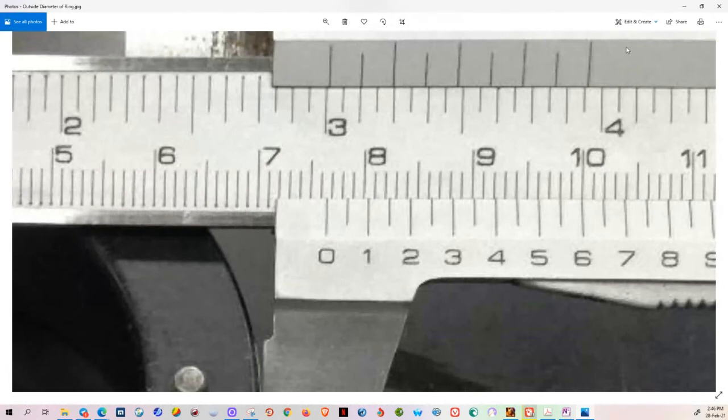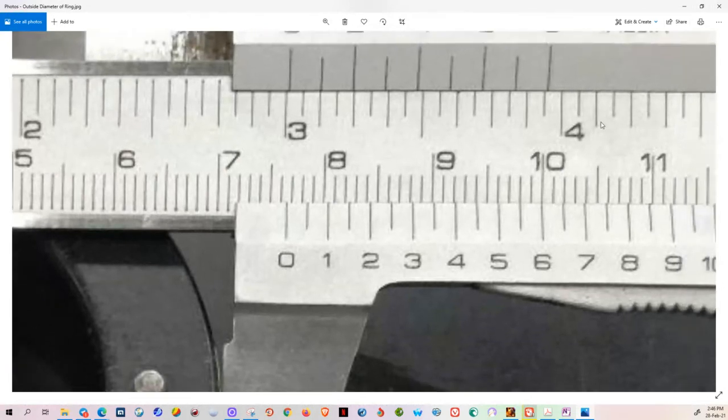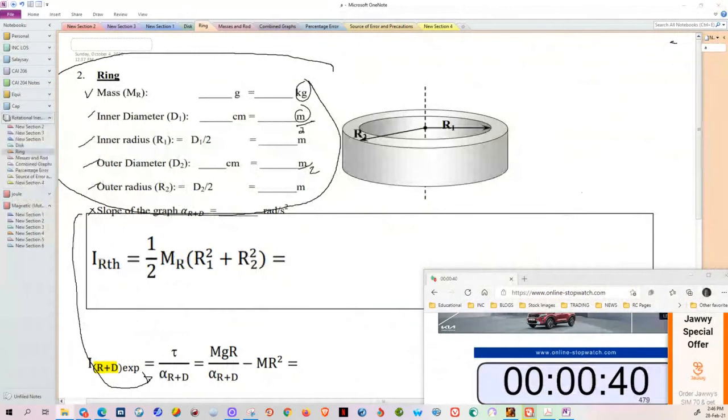Muhammad already gave you. 40 seconds. 5.12 by 10 to minus 4.